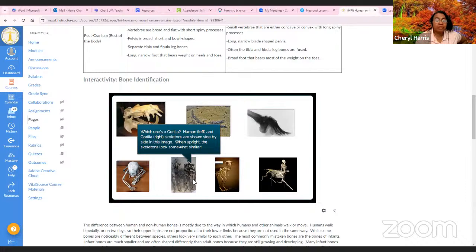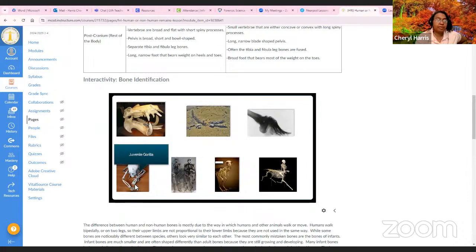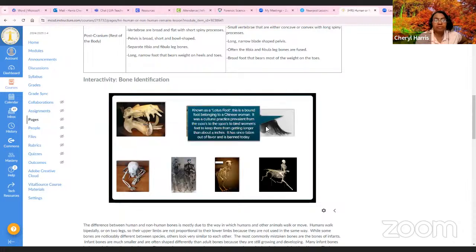All right. This is important because they like to keep comparing us to monkeys. So there is a difference. They're not the same. That one is interesting.